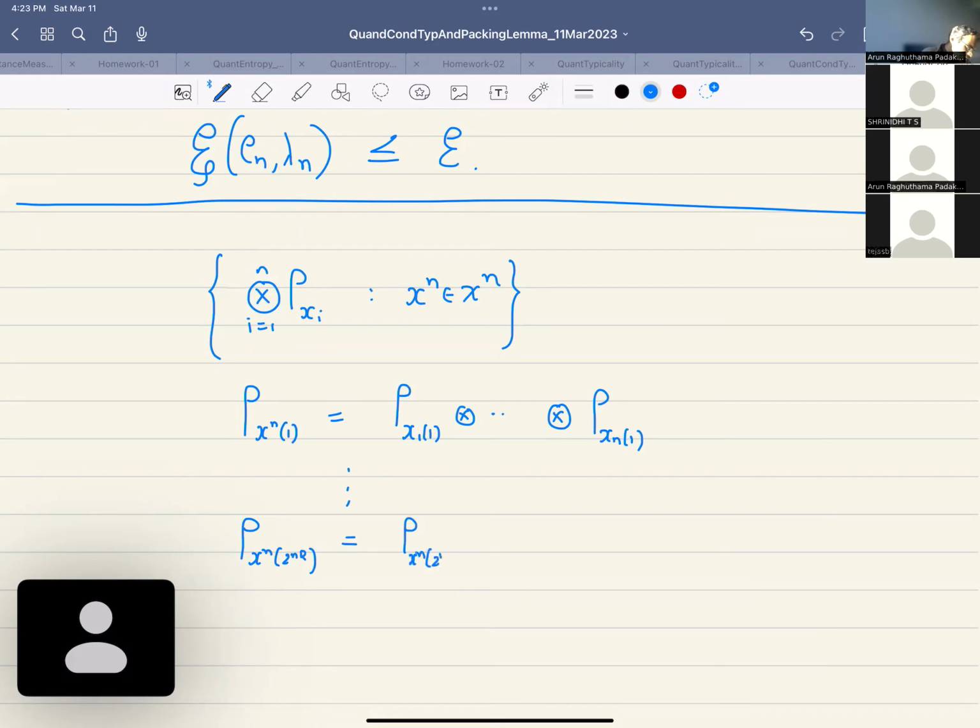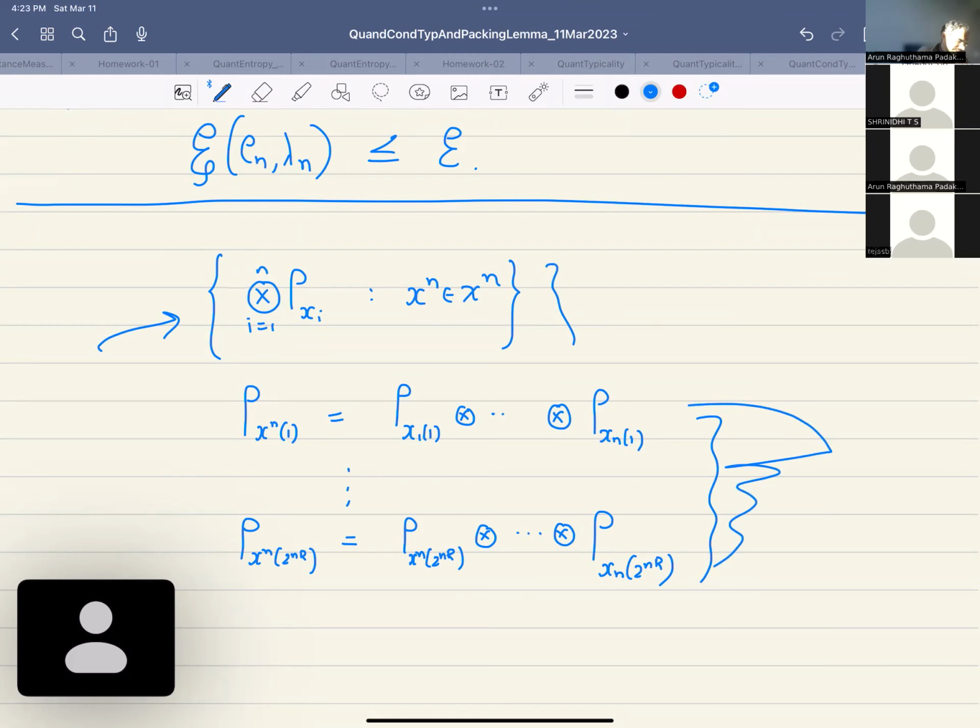And the question is, how many such orthogonal states can you pull out of all these possibilities? As n becomes large and large, they are asymptotically orthogonal so that I can distinguish them. Remember, two states are distinguishable if and only if they're orthogonal. So you have a big space and you're trying to pack orthogonal subspaces essentially. That's really what you're doing.